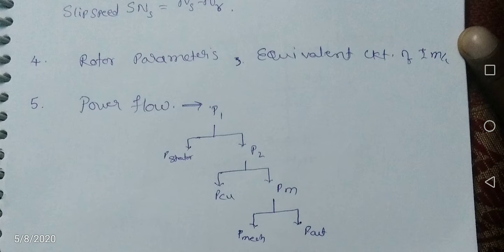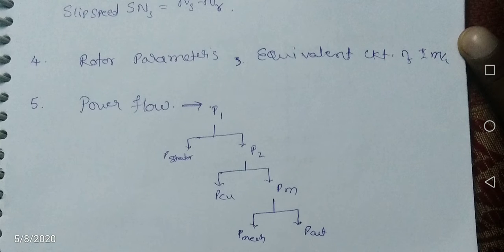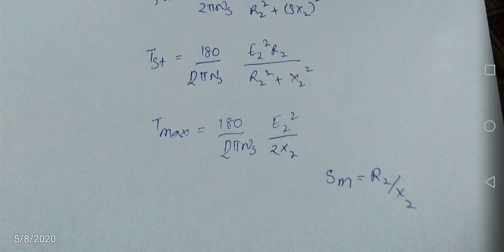So to get a maximum torque, the rotor resistance must be equal to slip times the rotor reactance. Here, the maximum torque does not depend upon the rotor resistance. Maximum torque T max equal to 180 by 2 pi ns E2 square by 2 X2.